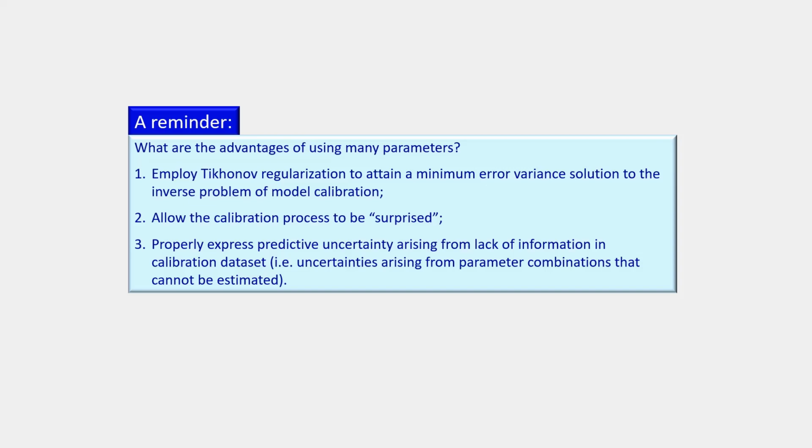Another advantage is that we leave open room for surprises. We may find that heterogeneity arises in unexpected places within our model domain. And this is important to know because we have the ability then to use calibration as a data interpretation mechanism.